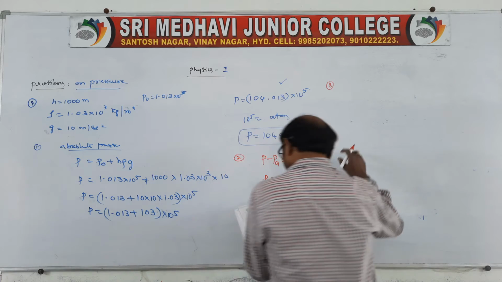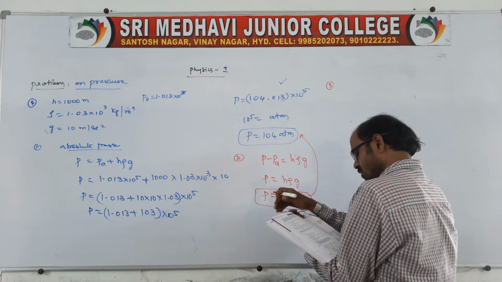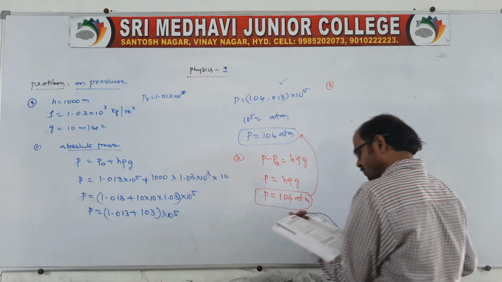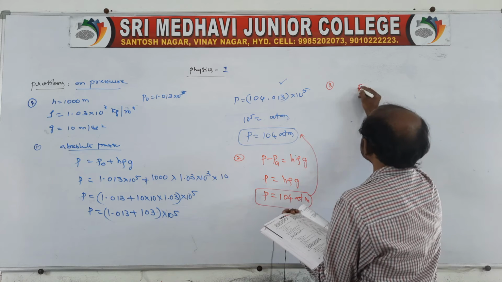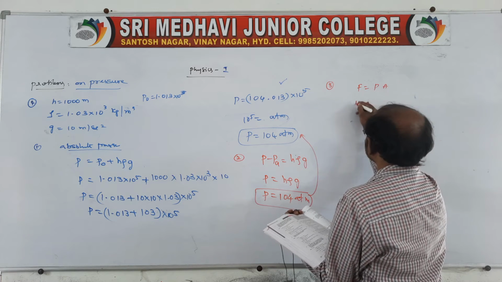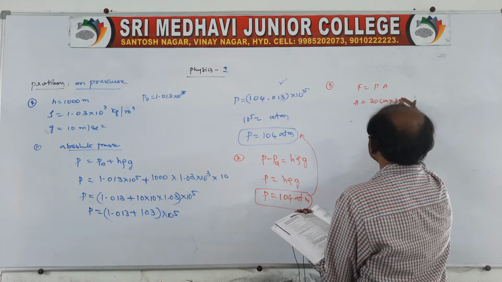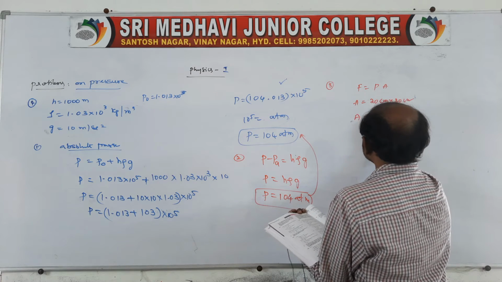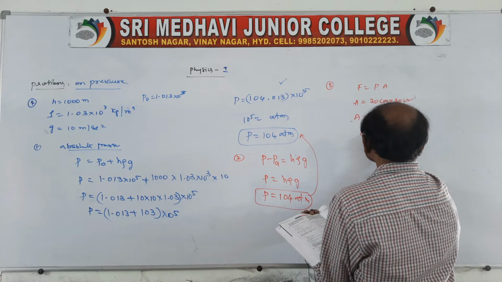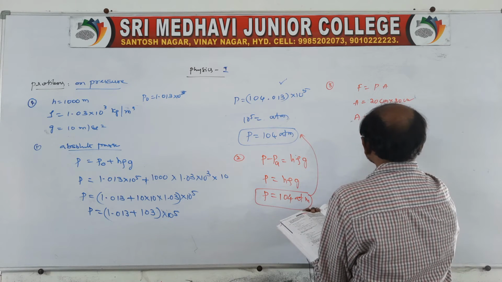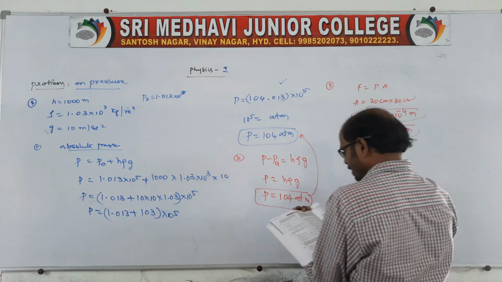There will be a force acting, so here we need to get the pressure difference first. Force is equal to pressure into area. Area is 20 centimeter into 20 centimeter, so area is 400 into 10 power minus 4 square meter, which we can also write as 0.04 square meter.